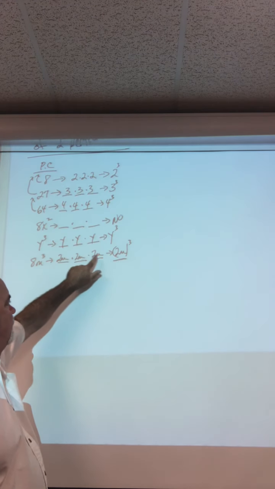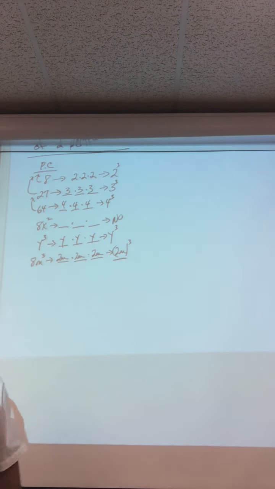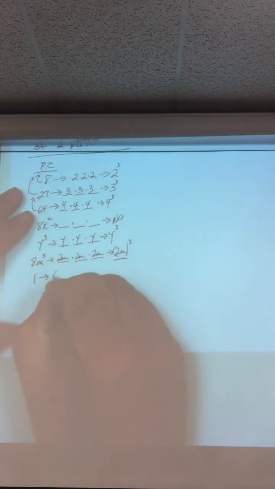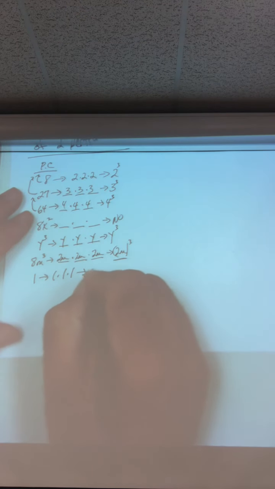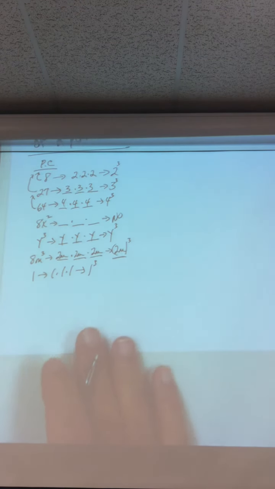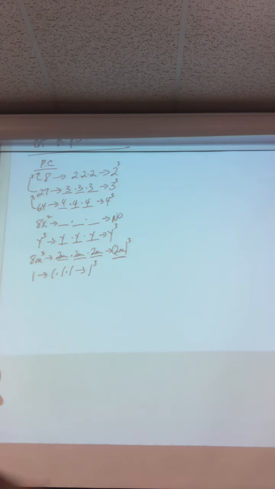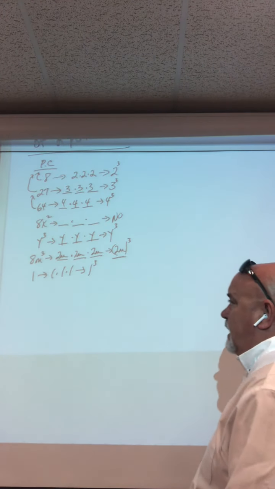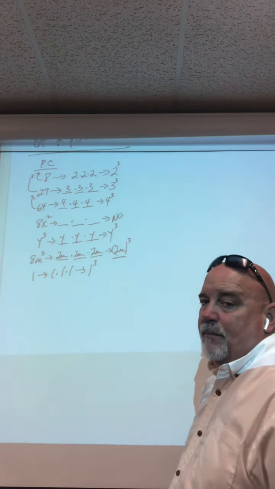So 2m, 2m, 2m is 8m cubed. So that's a perfect cube. What about 1? Of course. 1 is a perfect anything. It's a perfect square. It's a perfect cube. So 1 times 1 times 1. So this is what I mean by perfect cube.